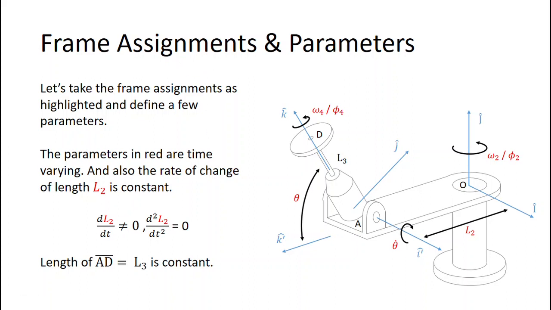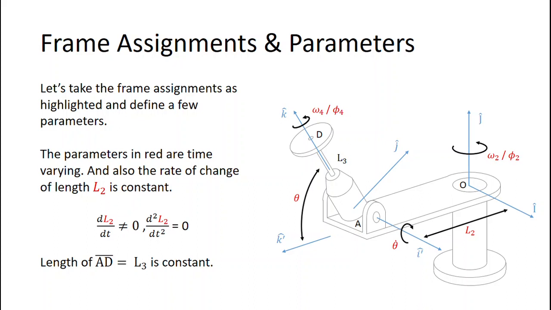Then we have the frame at A, which is just little i prime, little j prime, little k prime. That frame is rotated about the little i prime axis at an angle of theta, but the rate at which it is rotated is negative theta dot, and we end up with a new frame, which is little i, little j, little k.